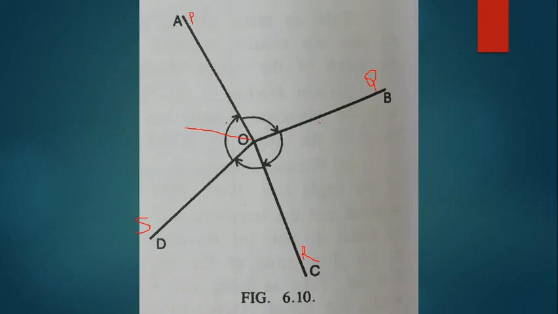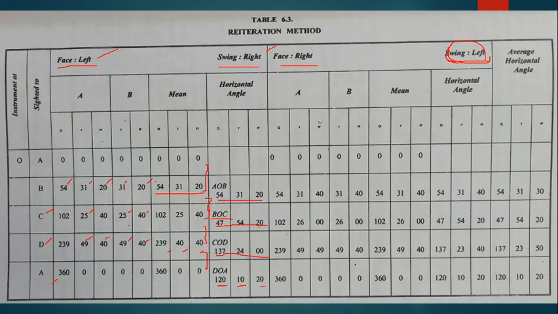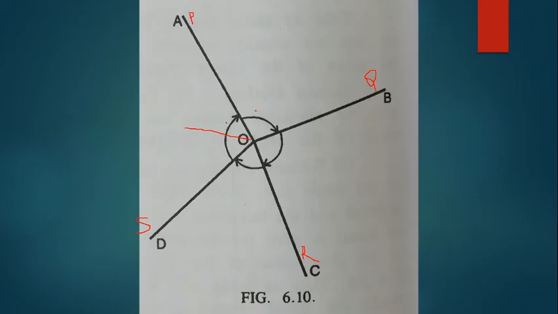Then the process is similar with the face right. Again I need to rotate clockwise only, right side, from A to B. So release the upper clamp here, because we are going to measure the angle. Release the upper clamp and turn the telescope towards B for rough bisection, and for exact bisection clamp the upper clamp screw and operate the upper tangent screw.